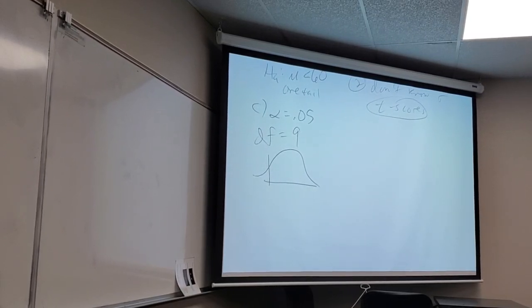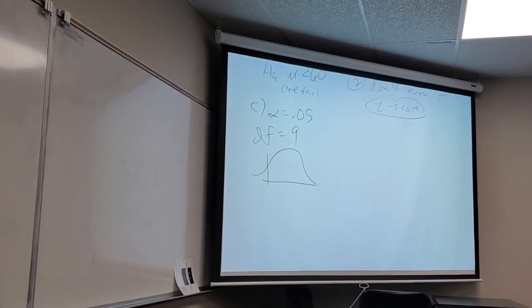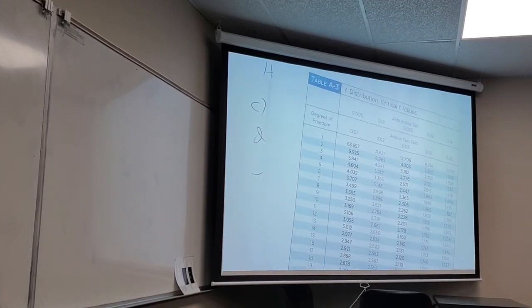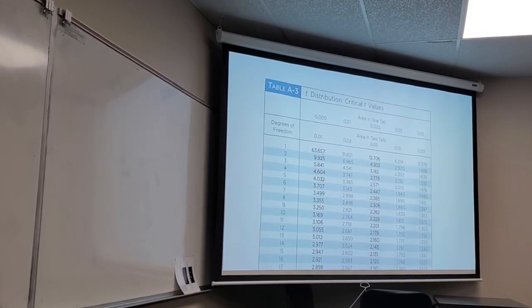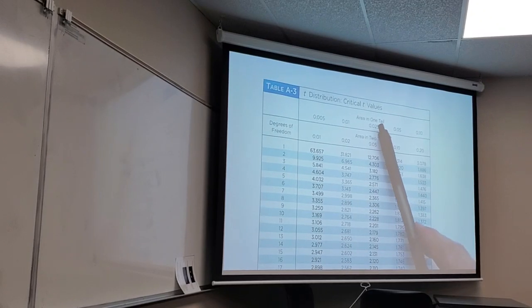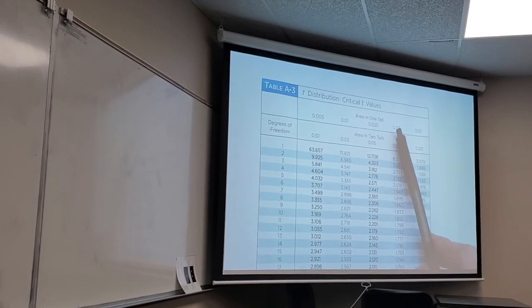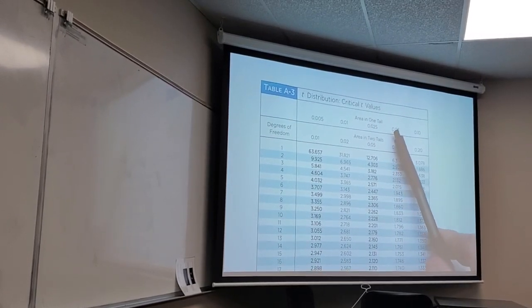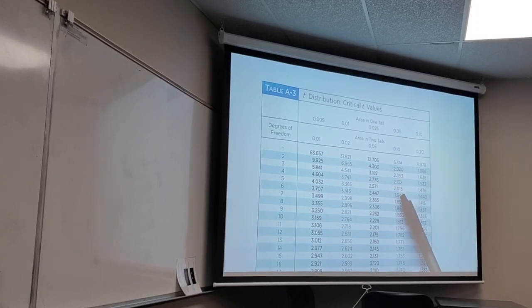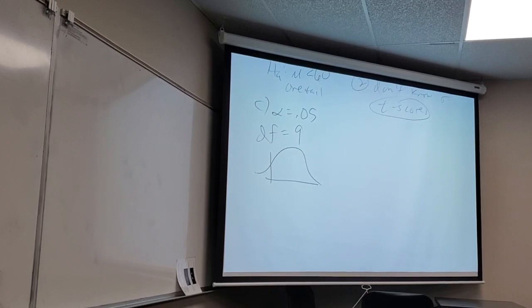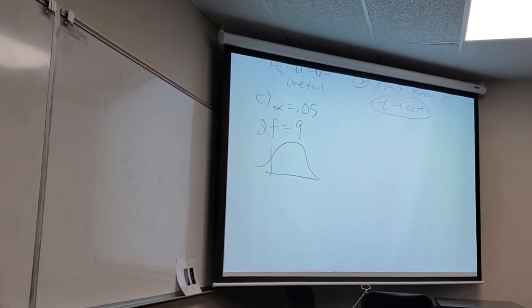So which column are you looking in? 0.05, one tail, which column? Fourth column. And you're going to stop at 9. So 1.833. You guys all with me?